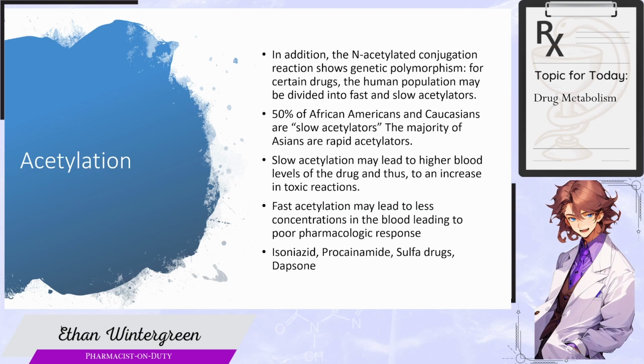This is why some drugs are given in lower doses to Americans while given in higher doses to Asians. This is not because of racism, but just the difference in our genetic makeup. Examples are isoniazid, procainamide, sulfa drugs, and dapsone.